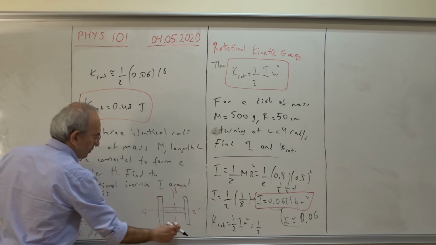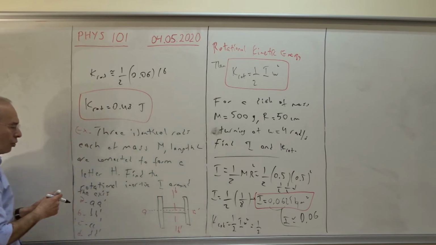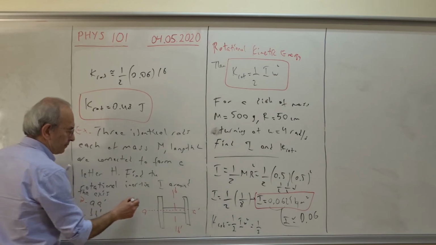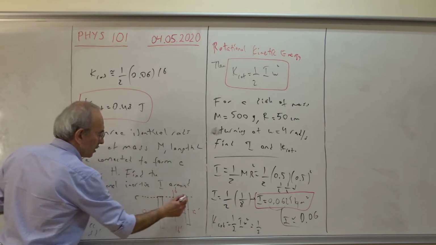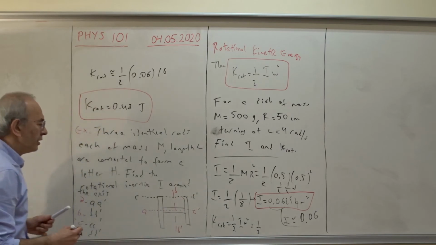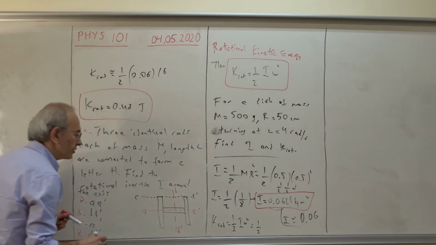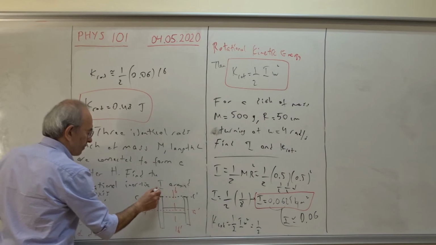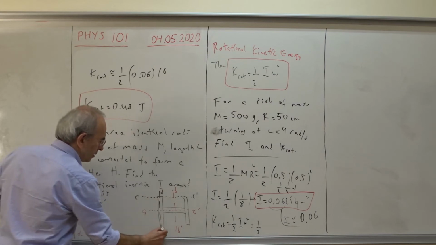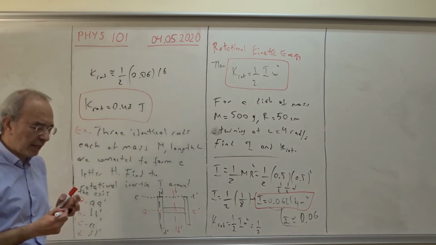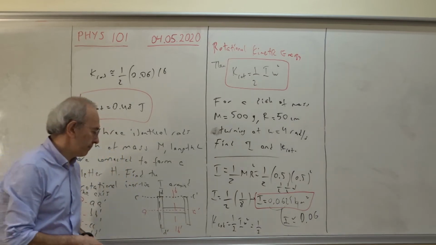This is BB prime. Or CC prime, and finally let's choose a DD prime. For instance, this is DD prime. So let's try to calculate just using the parallel axis theorem.